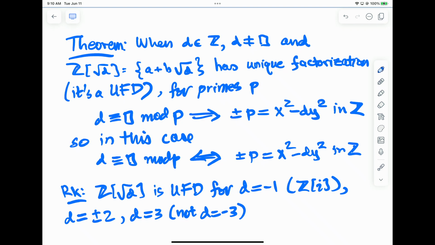Okay, anyway, maybe I should also say not for d = 3 or plus or minus 5. Neither of those work.